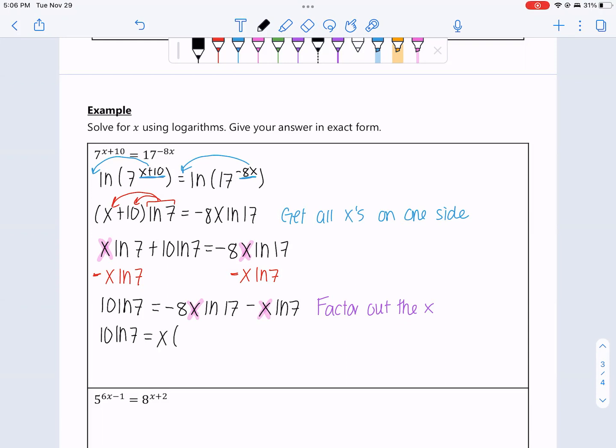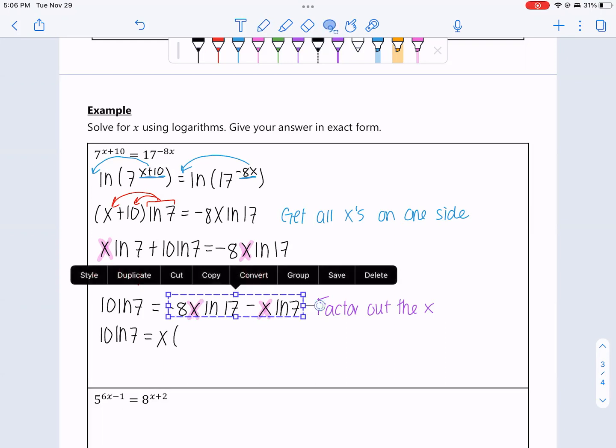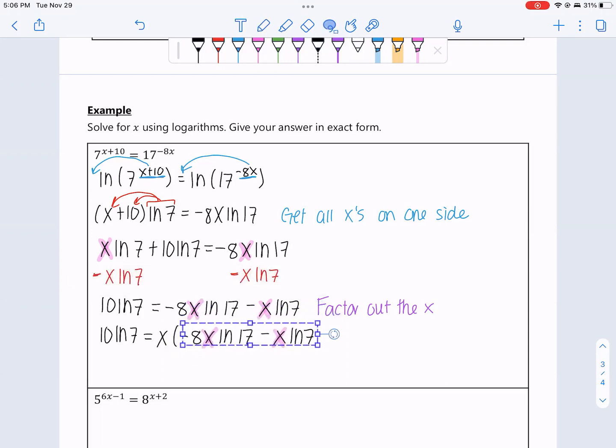When I pull out the x, that means that this x no longer exists in here, right? So all of this just scoots on over. He pulled it out front, and where is he now? He's right here. If you distribute the x backwards, you're going to end up right back here, so we're good.